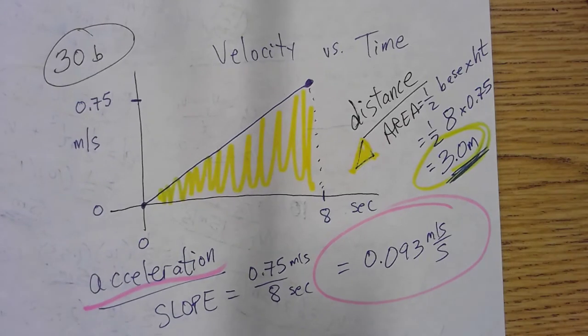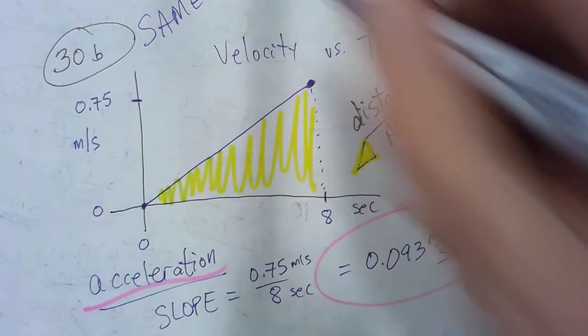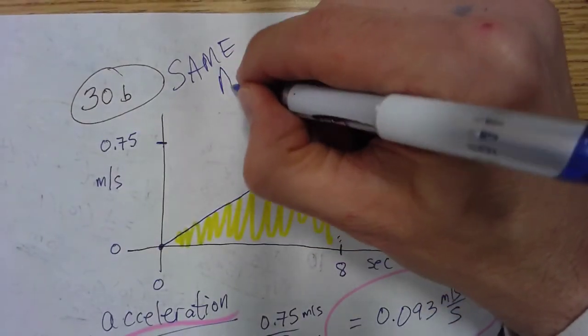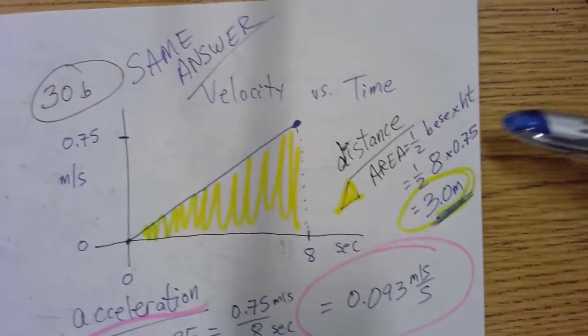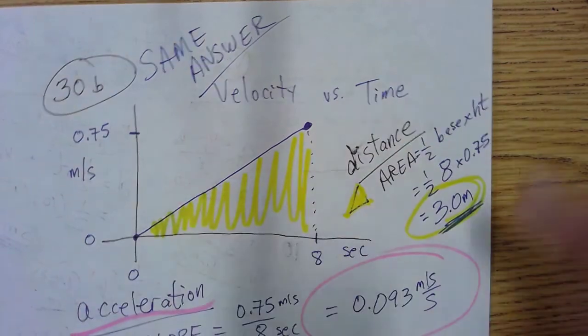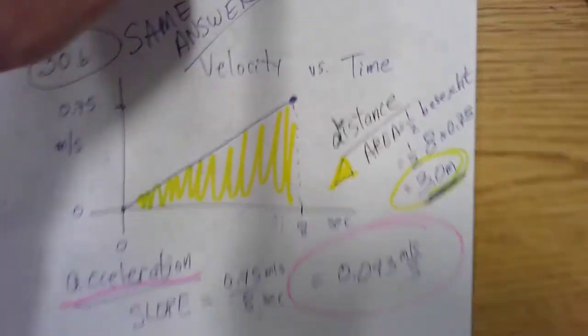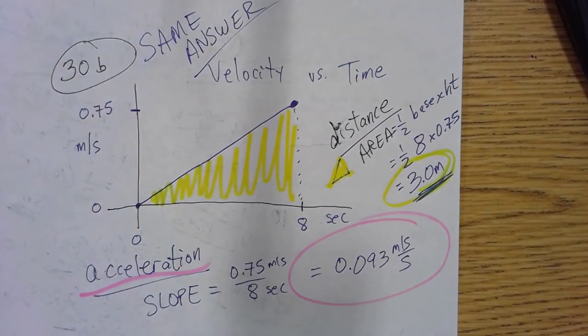Same answer. So that's the whole thing, and in some ways that is kinematics. If we can use equations to figure out what happens to things, awesome. If we can use graphs to figure out what happens to things, awesome. And that is the foundation for kinematics.